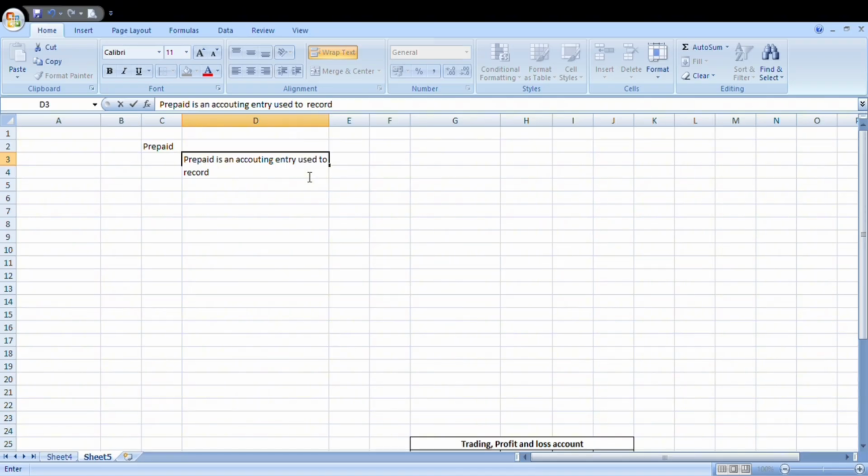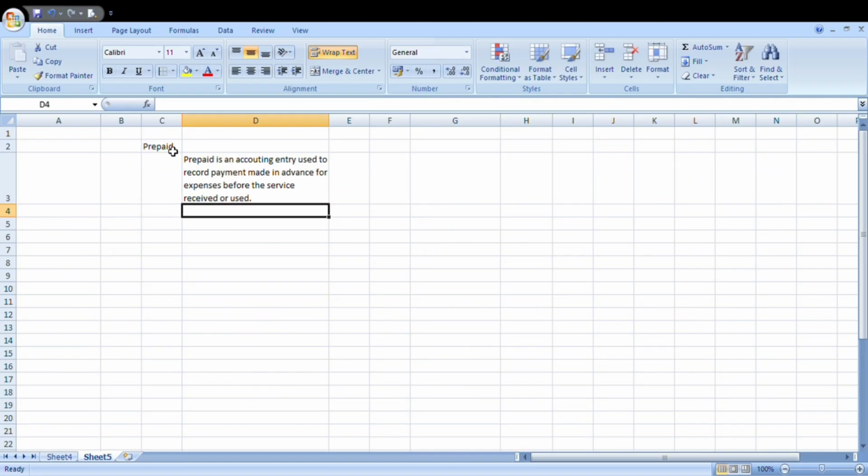In accrual we are recording revenue and expenses. Here we are recording payment, because here we will make the payment first. Payment made in advance for expenses before the service is received or used.